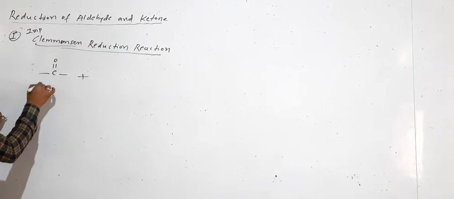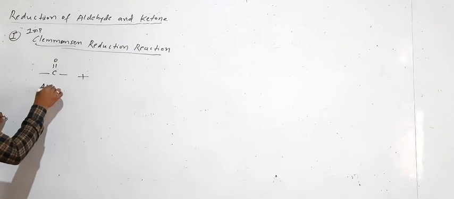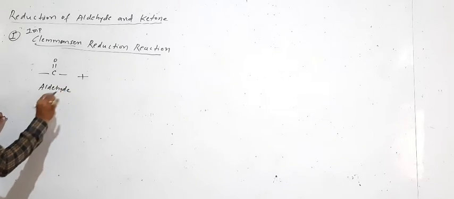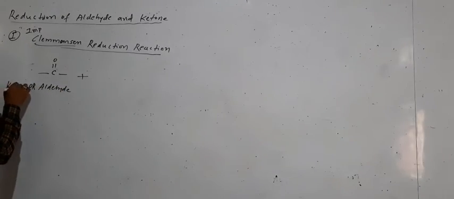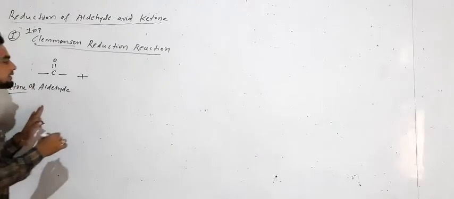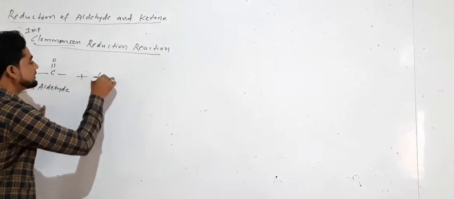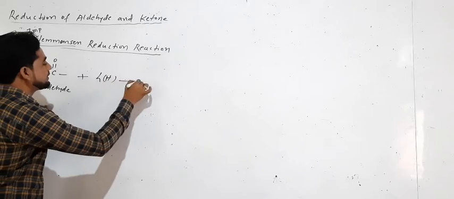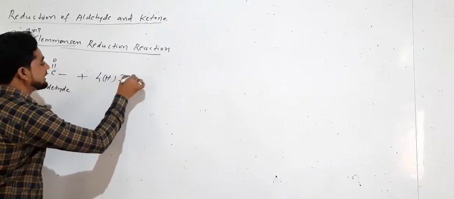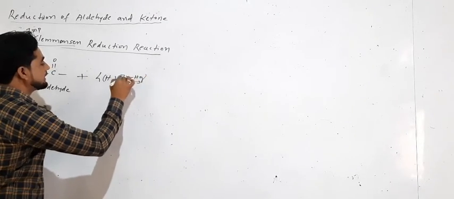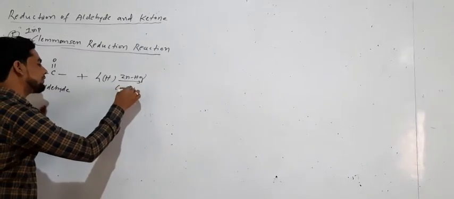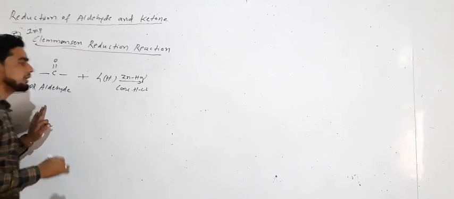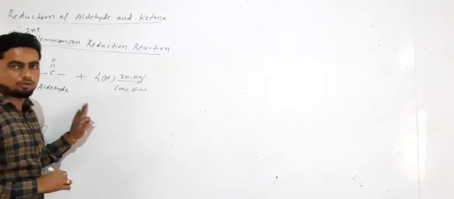So when aldehyde or ketones, okay, और क्या लेंगे इसका नेम बेटा? Ketones. So when the aldehyde and ketone react with hydrogen, we add 4 hydrogen in the presence of ZnHg. This ZnHg is called zinc amalgam, and in the presence of concentrated HCl, called hydrochloric acid.